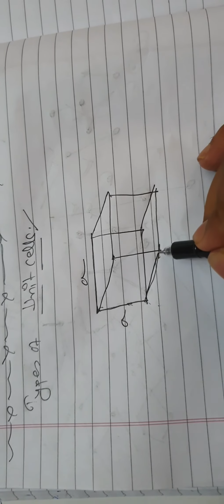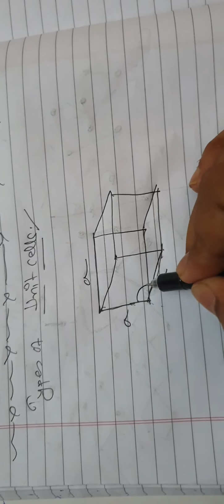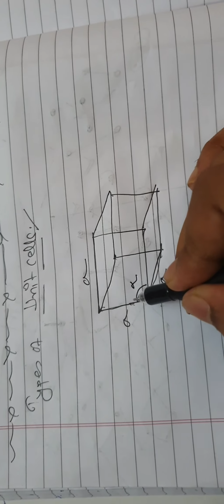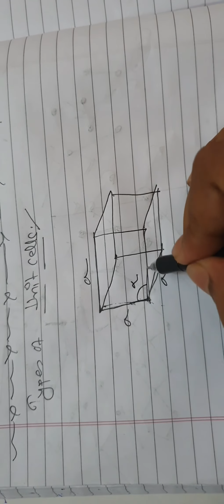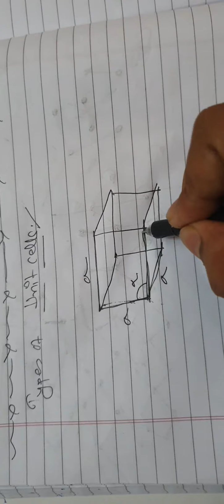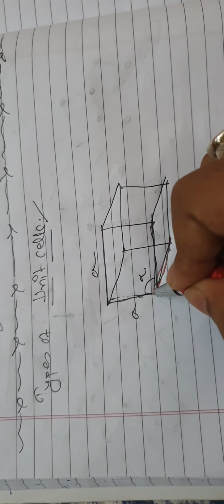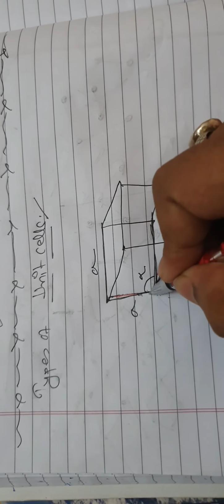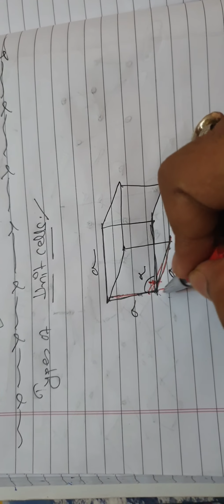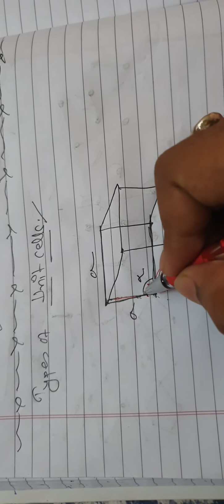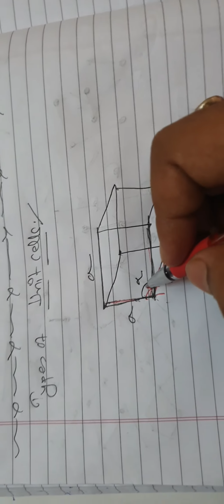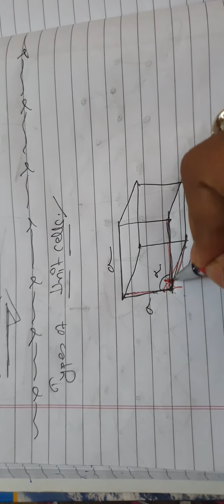This side is also A, this angle is considered as alpha, the angle between this A and this one. The angle between this one and this one is considered as beta.